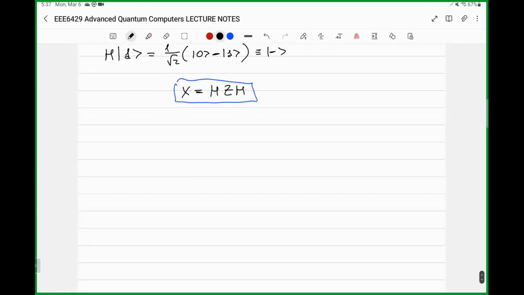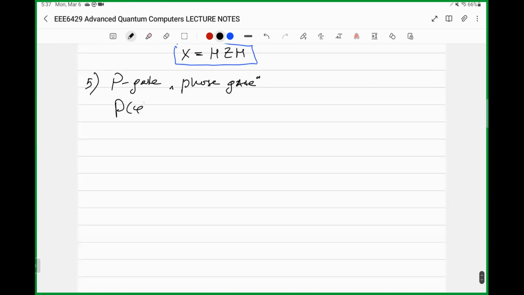Okay, so the next gate was this P gate, or phase gate, which is nothing but just changing of the phase of the qubit. So the matrix is like this one: 1, 0, 0, e to the power of i phi, where phi is this phase.